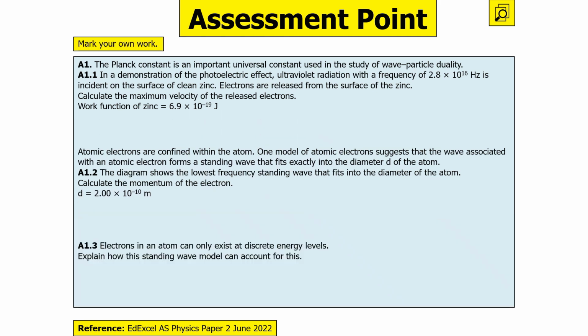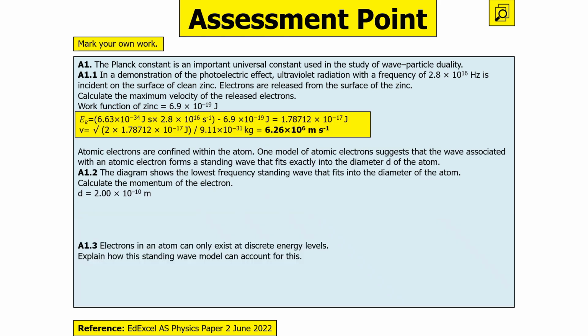Right, in this first one, we know that the kinetic energy is going to be equal to the energy of the photon, hf, minus the work function. So we work that through and we get it to be 1.78712 times 10 to the minus 17 joules.